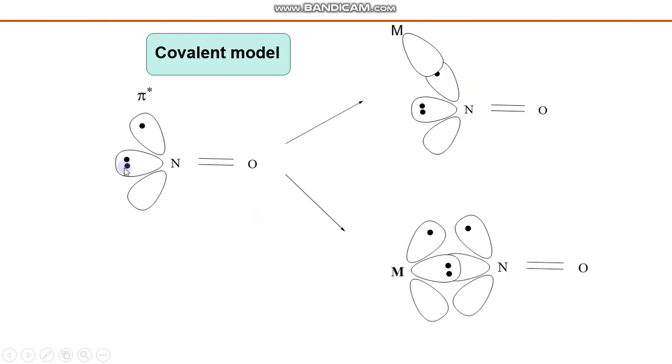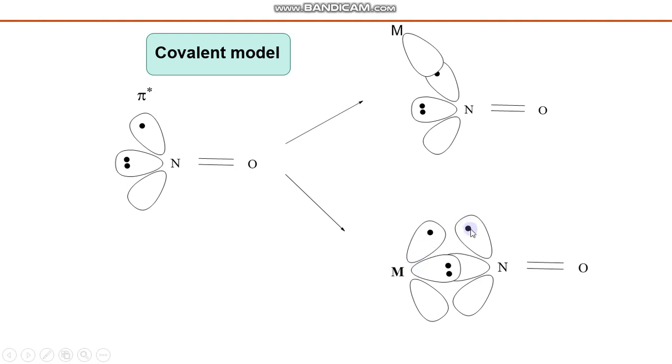On the other hand, if this pair of electrons is involved and the unpaired electron of the metal is oriented toward the pi star orbital of nitrosyl, these orbitals are now suitable for overlapping. In this case, one bond will be sigma, where the electron density lies in between the two bonding nuclei, on the bond axis.